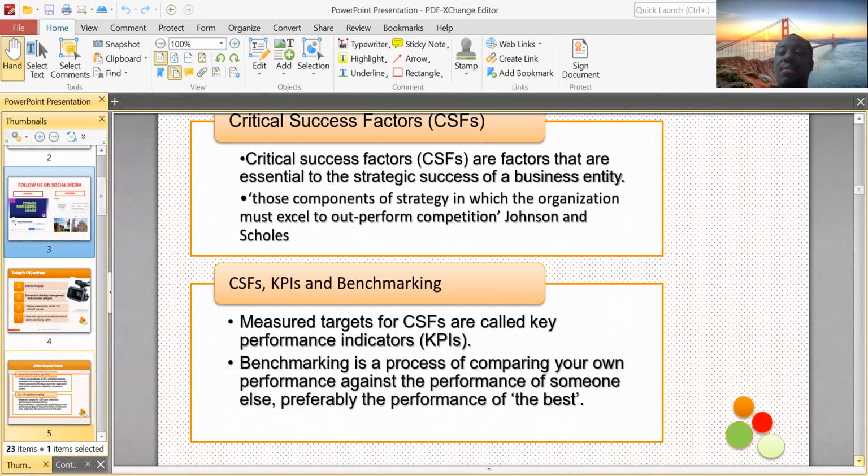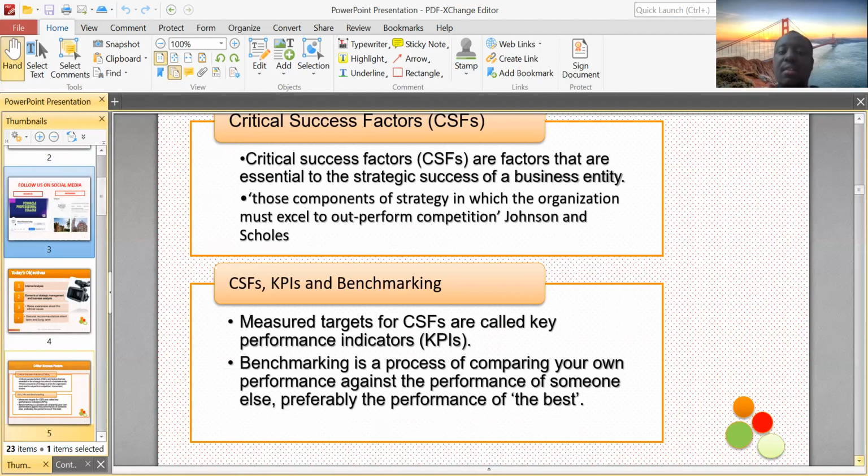So a typical example of a key performance indicator would be something specific, something well-defined, something measurable. It's very, very simple. Let me show you an example of how this works.